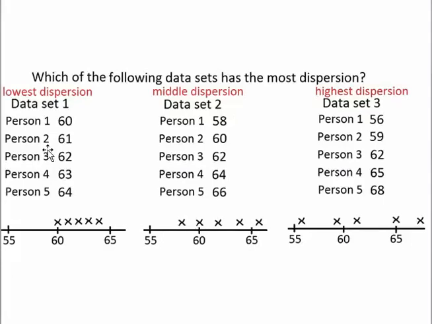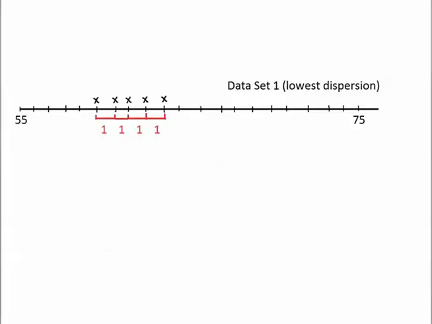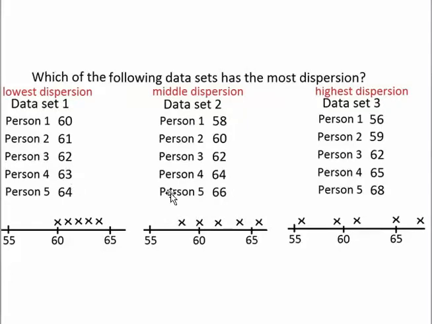In this data set, all of the values were 1 apart in data set 1. So in data set 1, all 5 values are 1 apart. In data set 2, each of the values were actually 2 apart. We had 58, 60, 62, 64, 66.